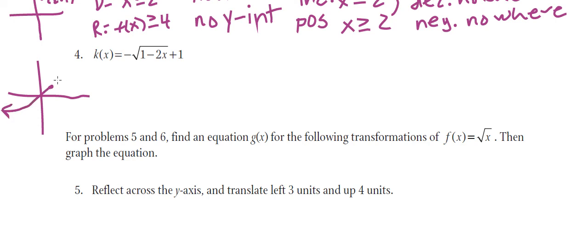And this right here is an x value of 1/2 and a y value of 1. So that's your starting point there. And so when I go to look at my domain here, I know that my domain is that x has to be less than or equal to 1/2.